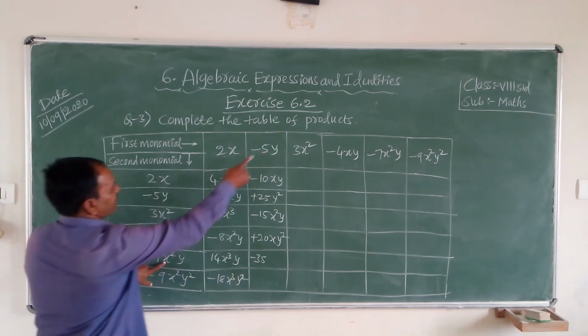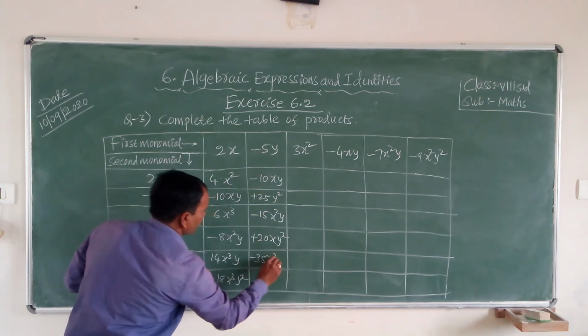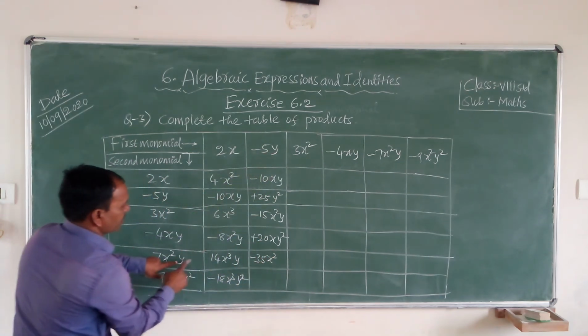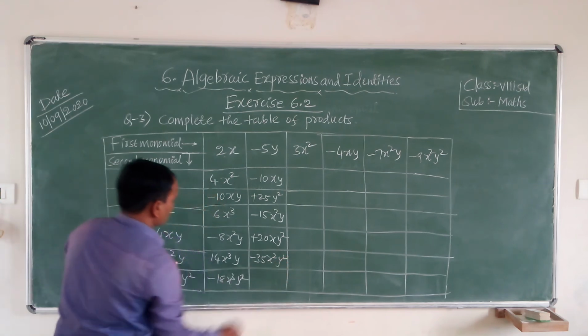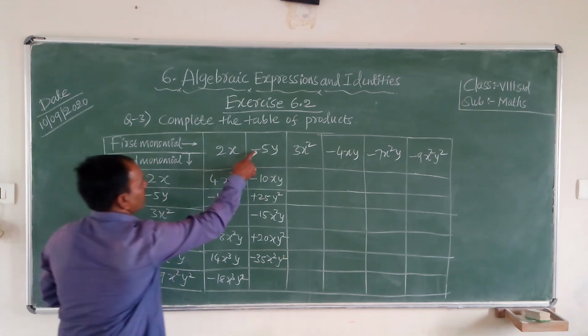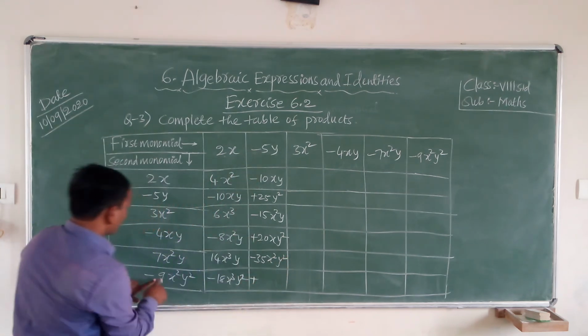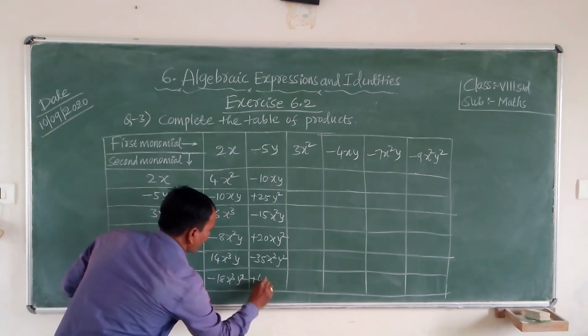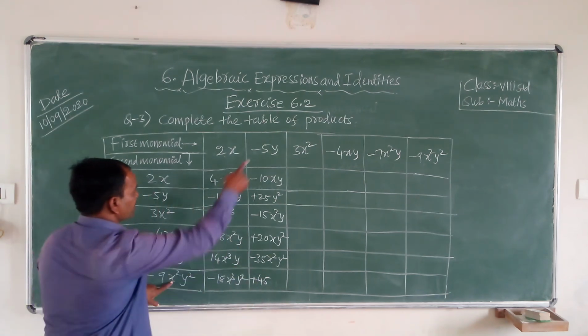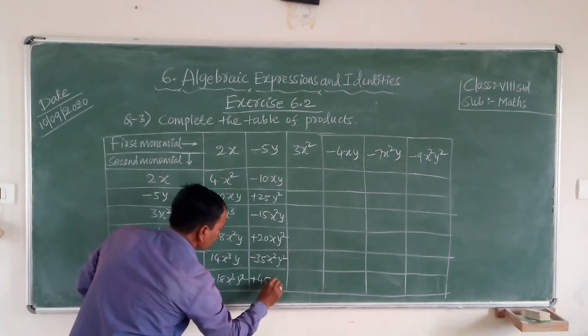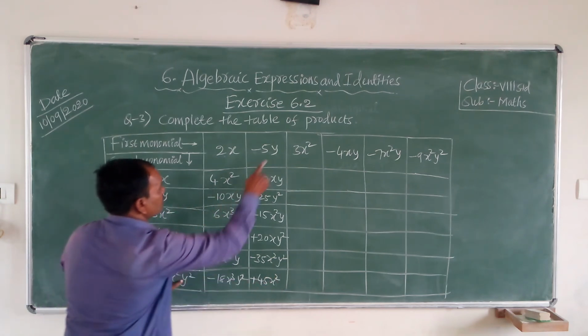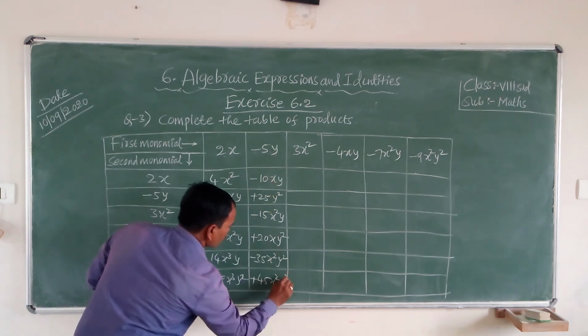Here x square is there, we have to write x square. So y into y, y square. So next minus into minus, plus 9 5s are 45. So x square is there, x square, right? So y square into y, y cube, y cube.